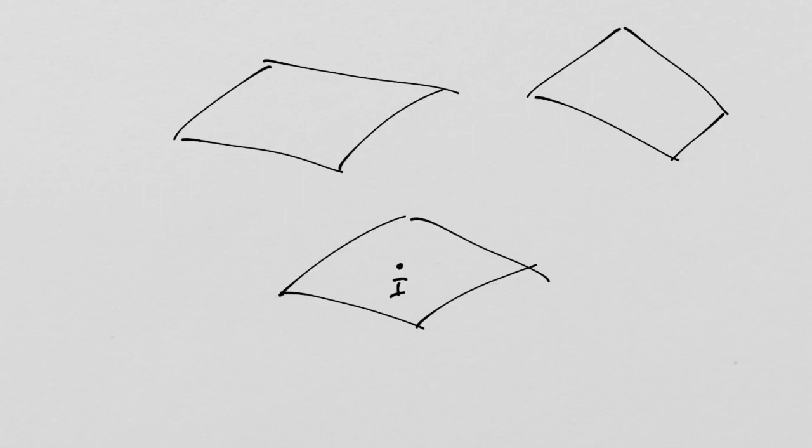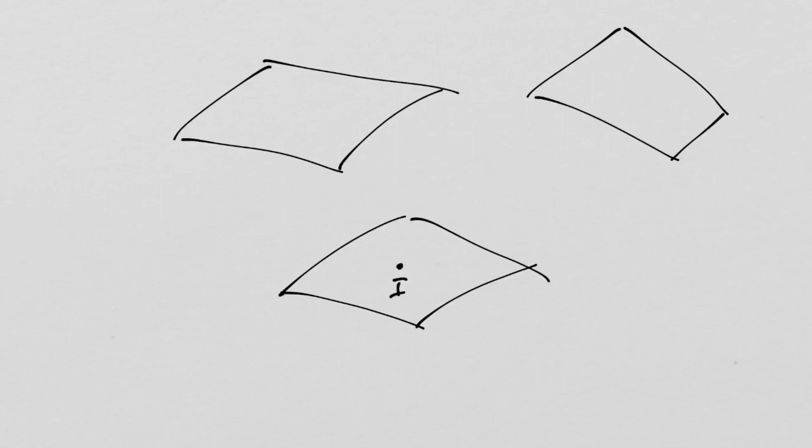Now, I'm going to defer the discussion about the relationship between these sheets and this sheet, but there's two things important to understand. That if a continuous group is disconnected, the connected part that contains the identity is a group and the others are not, right? Because they don't have the identity. They can't be a group.